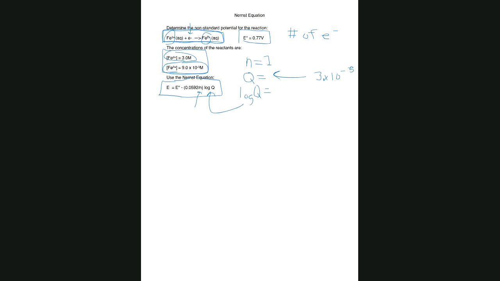I'll ask somebody. I want to make sure they're still here. Yep. Okay. I lost a few of you guys. So from Sada, what do you think the log of Q is going to be?